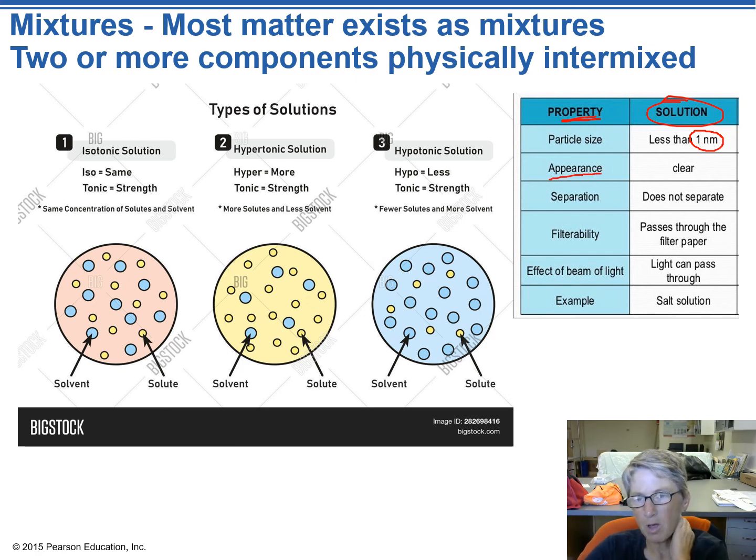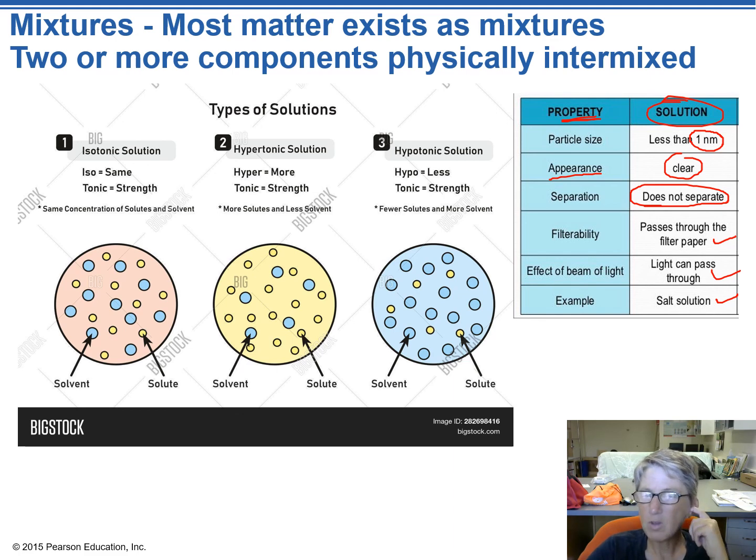The appearance of you, if you're a solution, you'd be clear. So when salt is dissolved in water, it's clear. Salt water, it's not going to separate out once you've dissolved it. The whole thing will pass through filter paper. Light can pass through it. And then an example, like we've been talking about, is a salt solution.